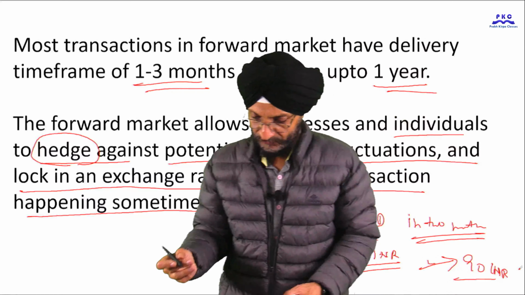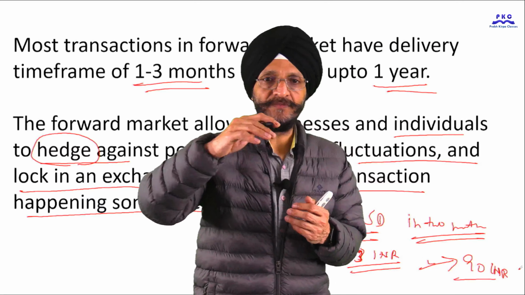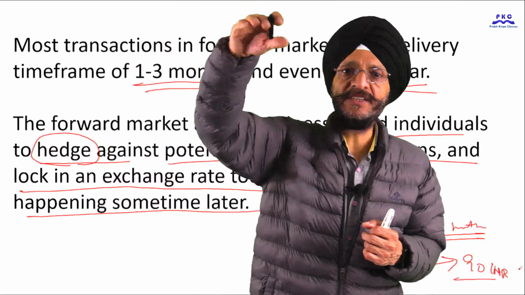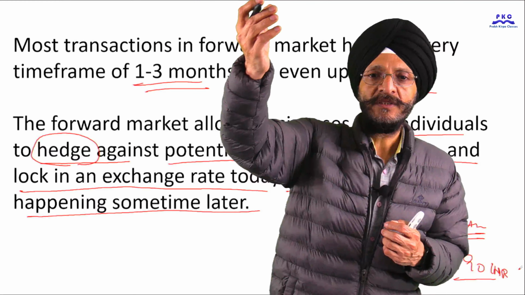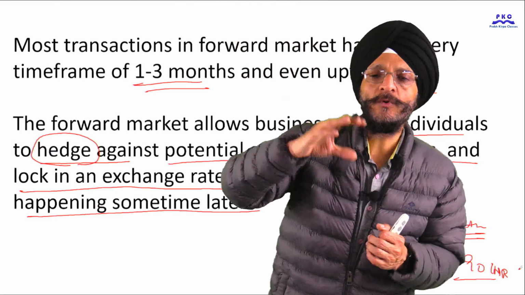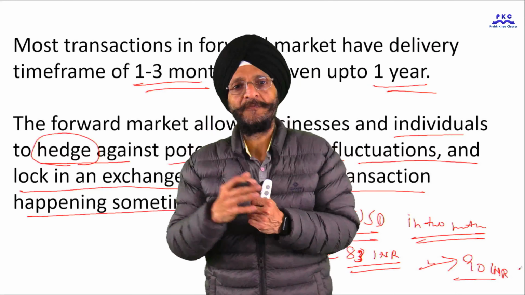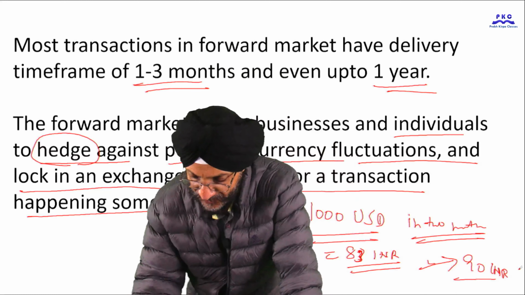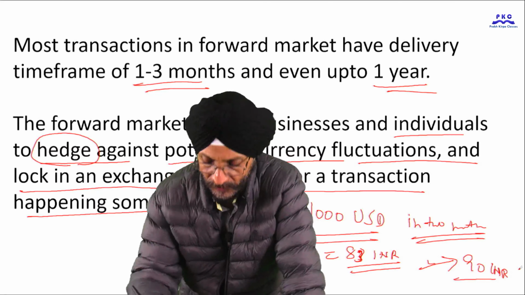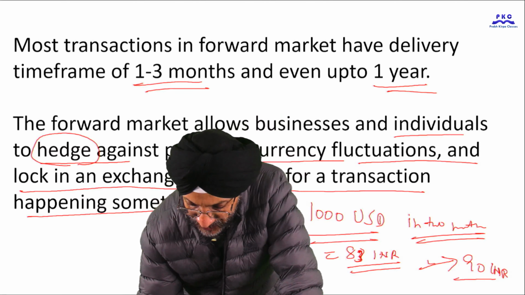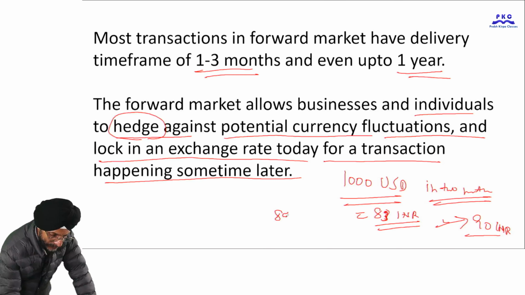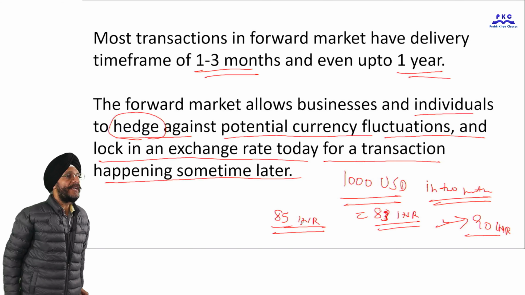So this is hedging, so that if there is an increase in the price of the US dollar, we may not have to pay extra. We may agree in this forward market that we will purchase US dollars at say rupees 85.